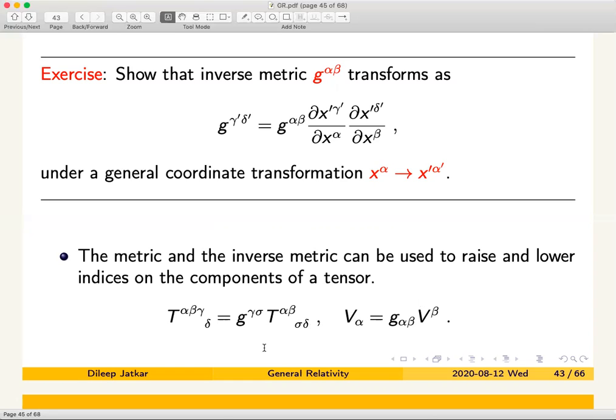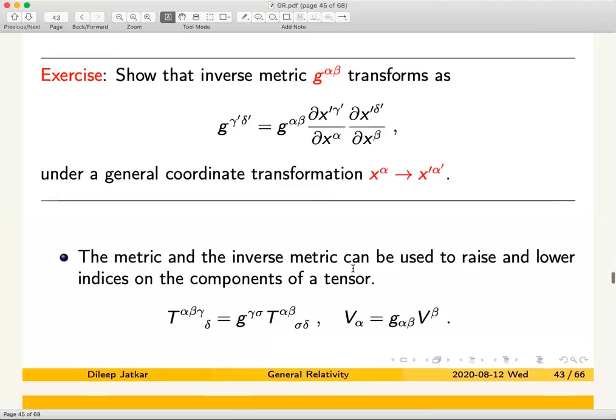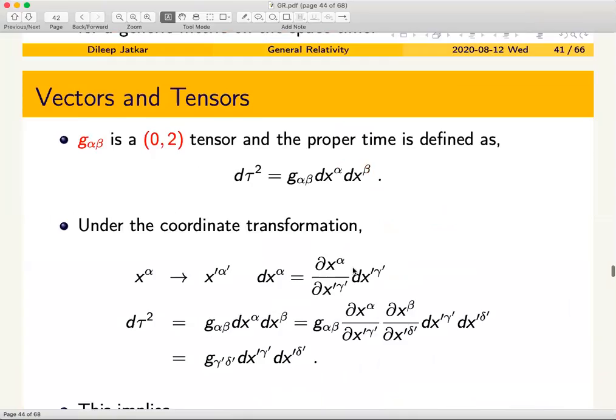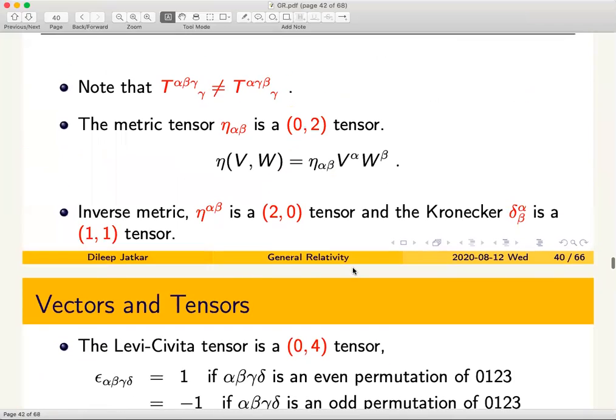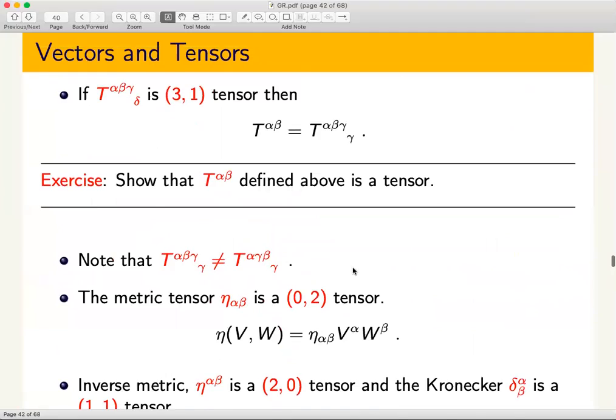If you multiply g_{αβ} to a scalar, you get a quantity which is a scalar times the metric. It would of course look like a second rank tensor, but it is not actually transforming anything into anything else. That is very similar to what we said earlier about how tensors can be used as maps from one vector space to another vector space.